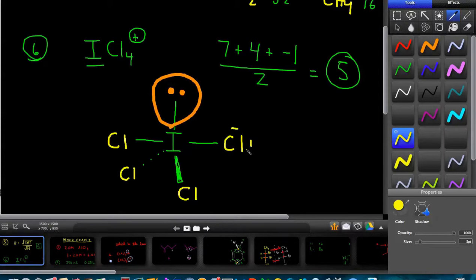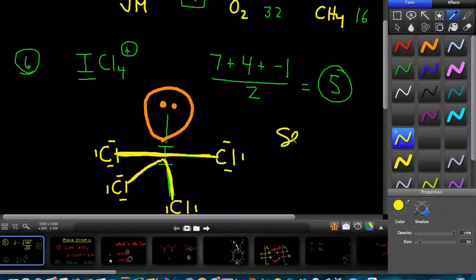Of course, I'm going to draw the lone pairs of chlorine as lines. So here's your plank of the seesaw. Here's the fulcrum of the seesaw. This has a seesaw geometry. And that is answer choice C.